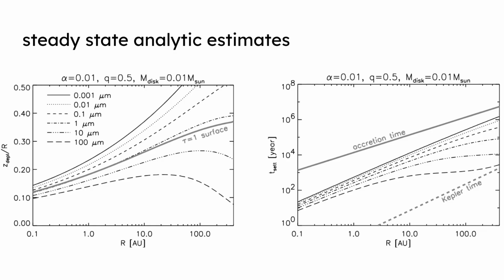So it's where stirring is so ineffective compared to settling that there is no dust left. The lines are for different dust sizes, and it means that all dust of that size must be below this line. On the line itself, there's zero dust of this size, nothing.